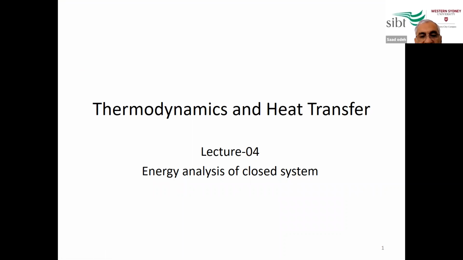We have a closed system, where the fluid is enclosed and doesn't cross the boundary of the system, so the mass will not cross the boundary. And we have an open system, when we have flow in and flow out. In this lecture, we're going to talk about the closed system.